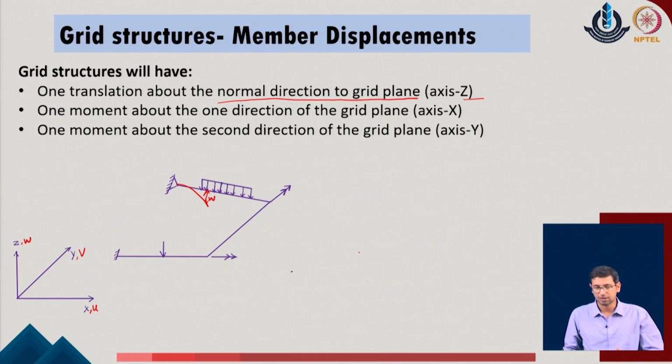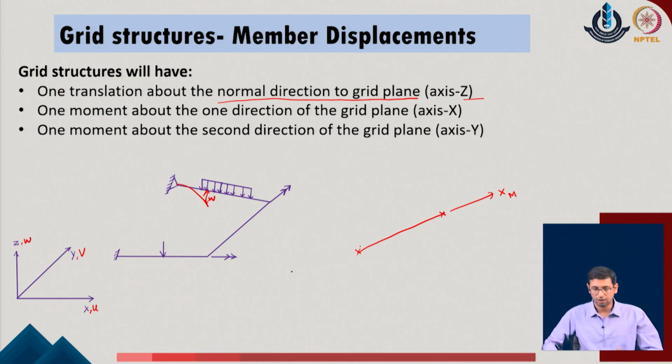So, we consider that in a given member of a plane frame, grid system. If we consider this as a grid system and this is say one of the length directions of the given member, say I define it as x of m, the in-plane direction, because grids are generally in a plane of the given system. So, say this is the ym direction of the given system and say this is the zm, the normal direction of the given system.